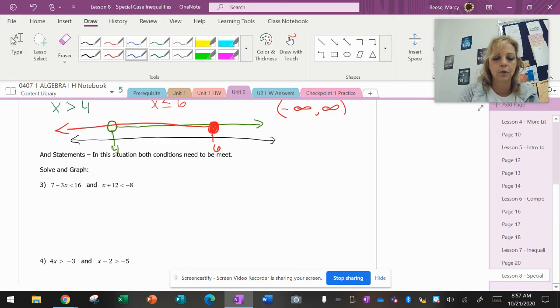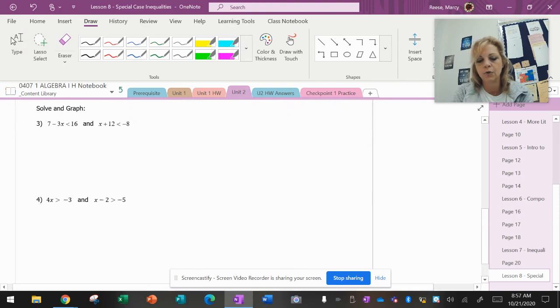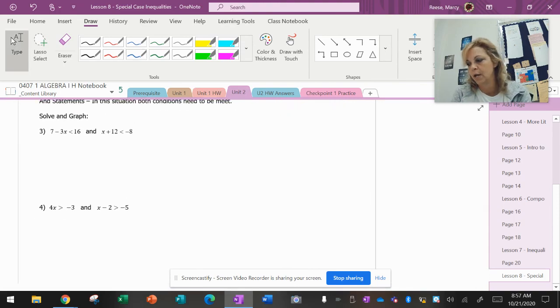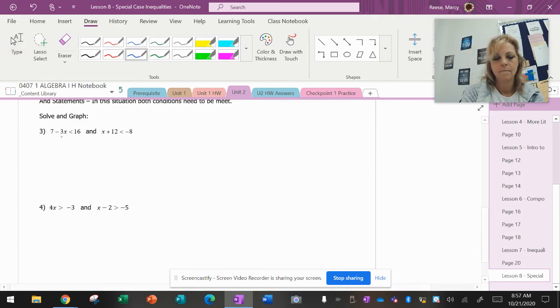All right, let's do it again. Solve for these two. These are ands now. Solve for the 2 ands. I'm going to give you a minute and solve for the 2 ands. Solve for both, 3 and 4. And if you're still solving, pause it.